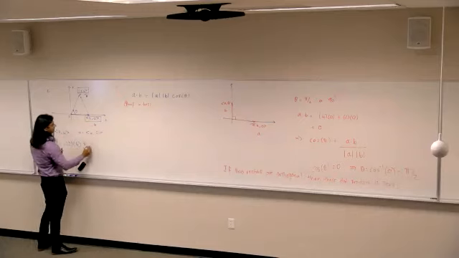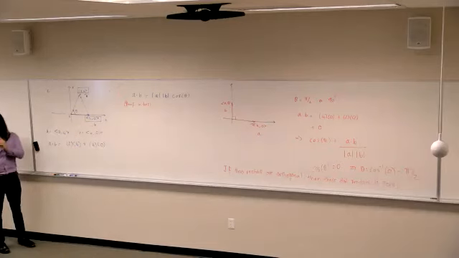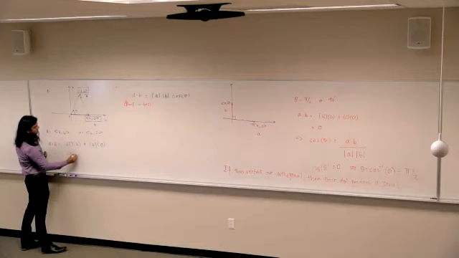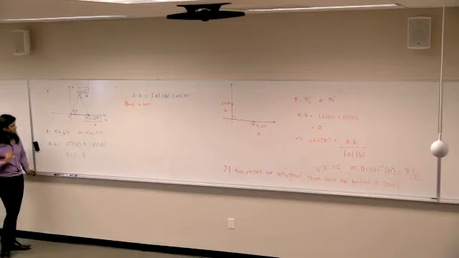Second component, 4 times 0. Just multiply, then add. 2 times 4, 8, plus 0, I get 8. Good. Dot product of A, B.